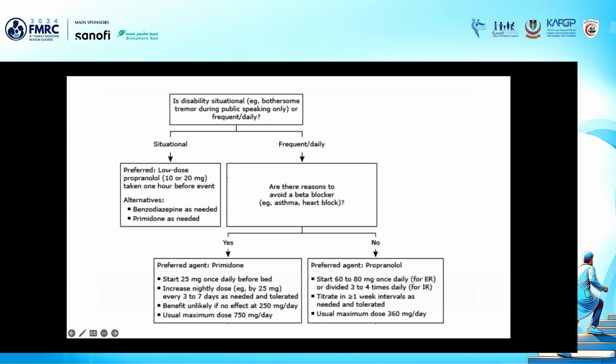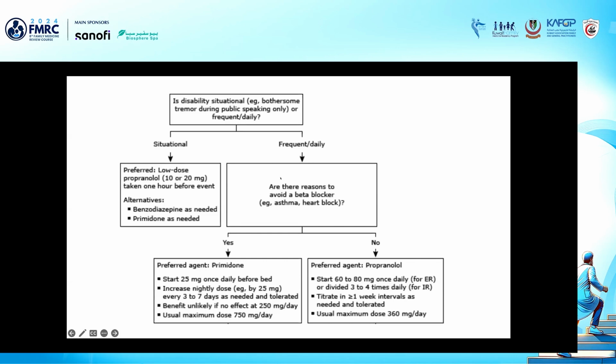This is the algorithm from UpToDate on how to treat essential tremors. It depends if it is only situational, like during public speaking, or not very frequent. Then the preferred option is to give a low dose propranolol, 10 or 20 milligram, taken 1 hour before the event.